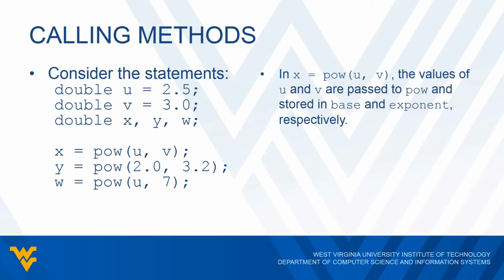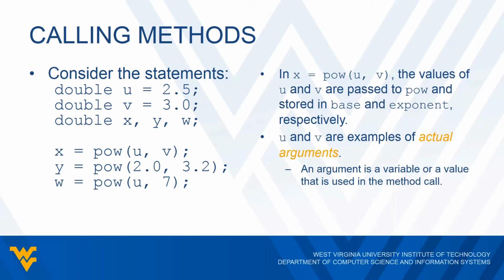So when we run the definition of pow, we're using those values in base and exponent. So we say that u and v are examples of actual arguments. Some books will say actual parameters, but just to make sure we don't confuse the terms when calling and running methods, we're going to use the term argument here, where an argument is a variable or a value that is used in the method call.